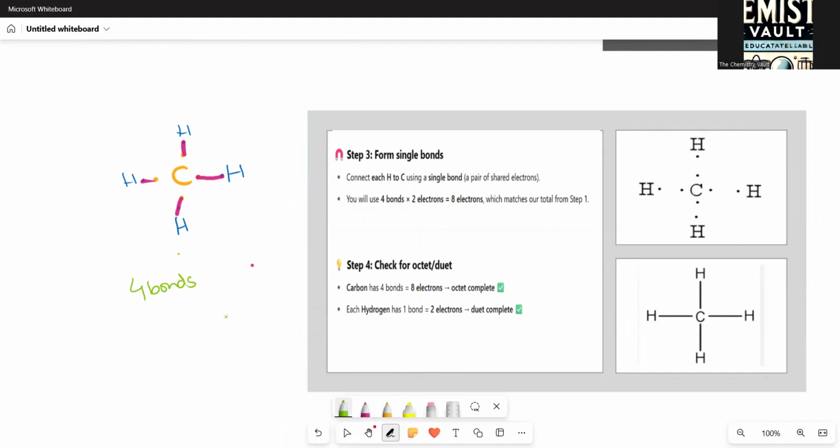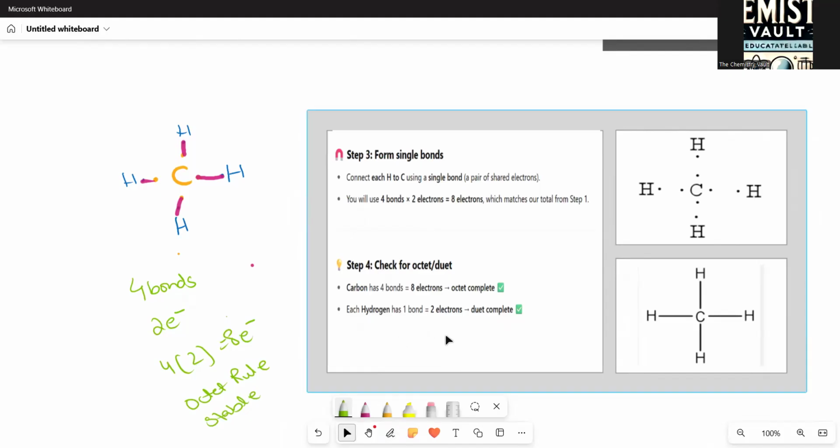Each bond has two electrons, so four bonds have eight electrons in total. It means it fulfilled the octet rule, so it is now stable. That's why we show the Lewis dot structure, to complete the octet or duet rule.